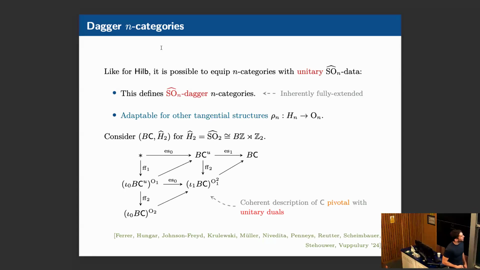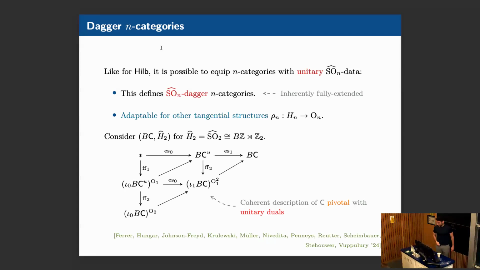And not only that, but it turns out that we can adapt these definitions in order to account for other kinds of tangential structure that satisfy the hypothesis of the previous slides. And this is good because it means that we can lift this calculus to have a good unitary calculus for any kind of tangential structure.